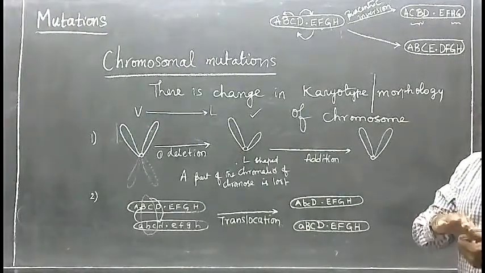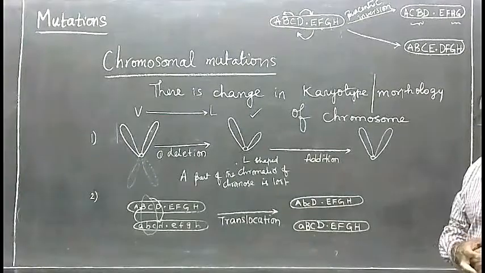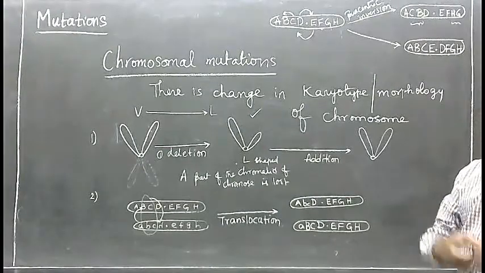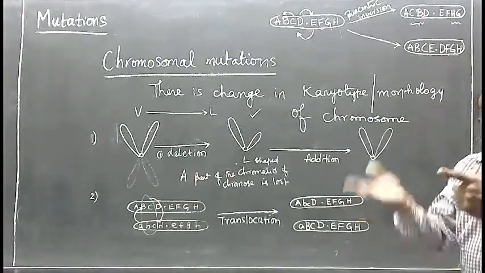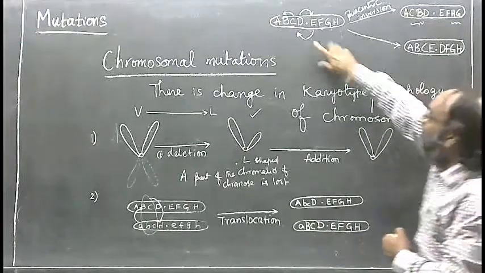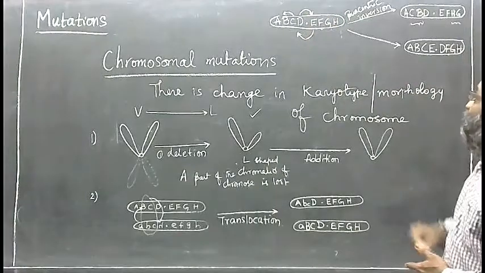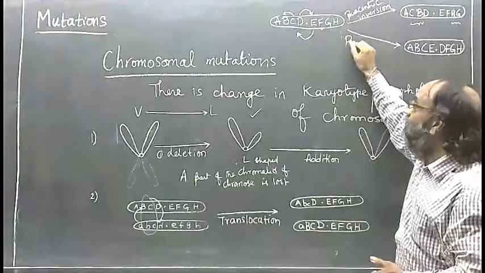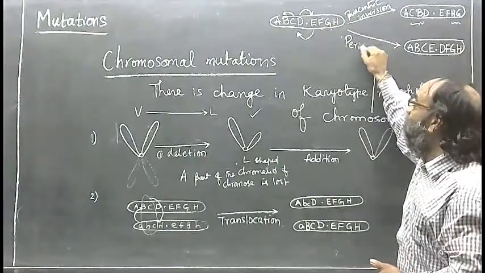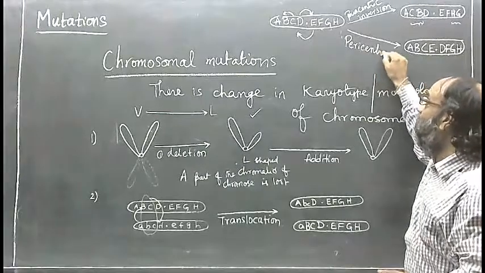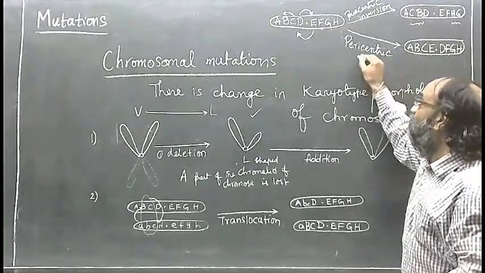That means there is rearrangement of segments within a chromosome across the centromere. This is across the centromere. Then it is called pericentric inversion.